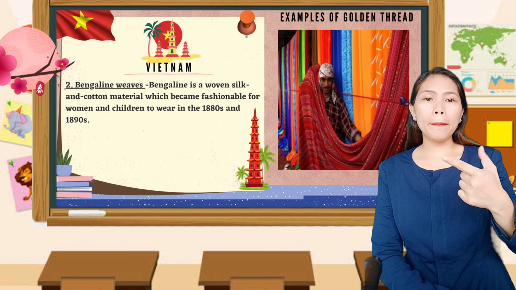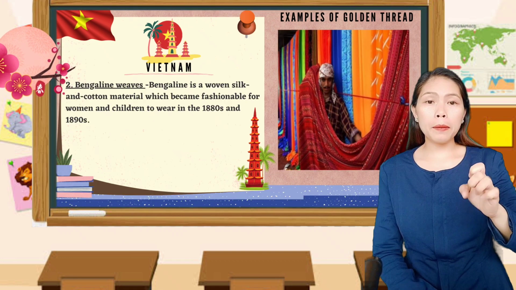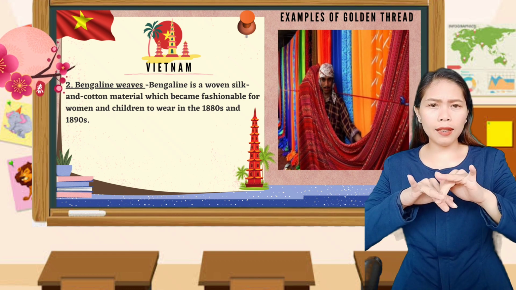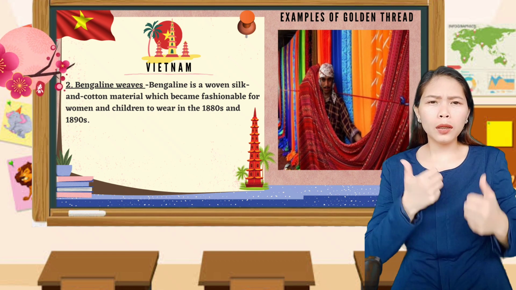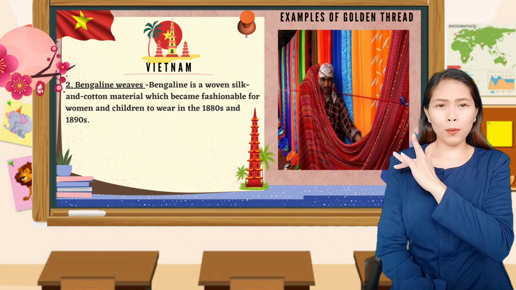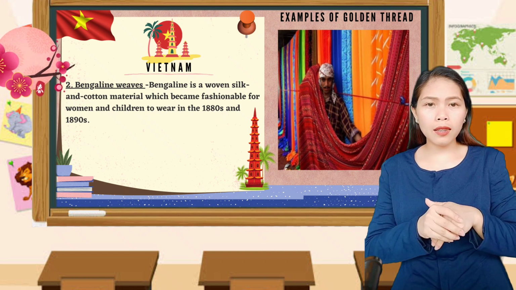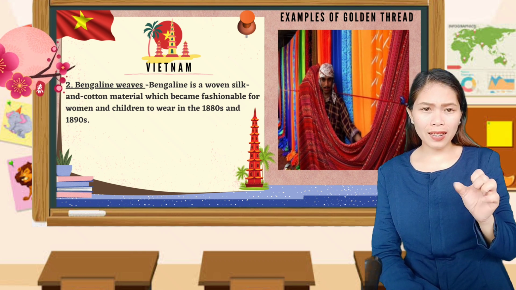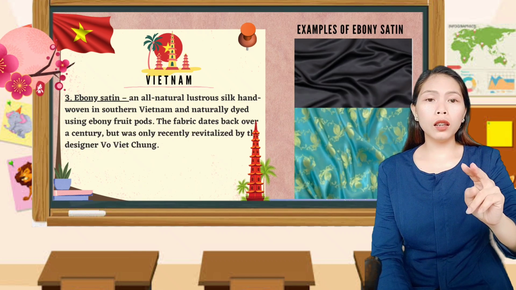Number 2. Bengaline. Bengaline is a woven silk and cotton material which became fashionable for women and children to wear in the 1880s and 1890s. 3. Ebony satin.